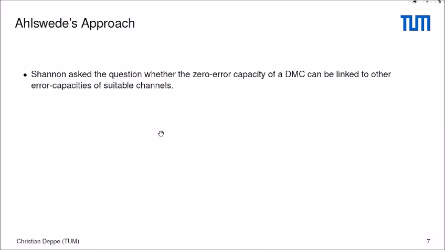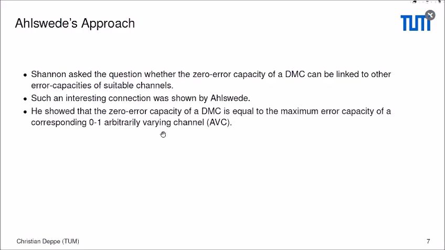Shannon also asked the question whether the zero error capacity of a discrete memoryless channel can be linked to another error capacity of a suitable channel. Such an interesting connection was shown by Ahlswede. He showed that the zero error capacity of a discrete memoryless channel is equal to the maximum error capacity of a corresponding 0-1 arbitrarily varying channel.